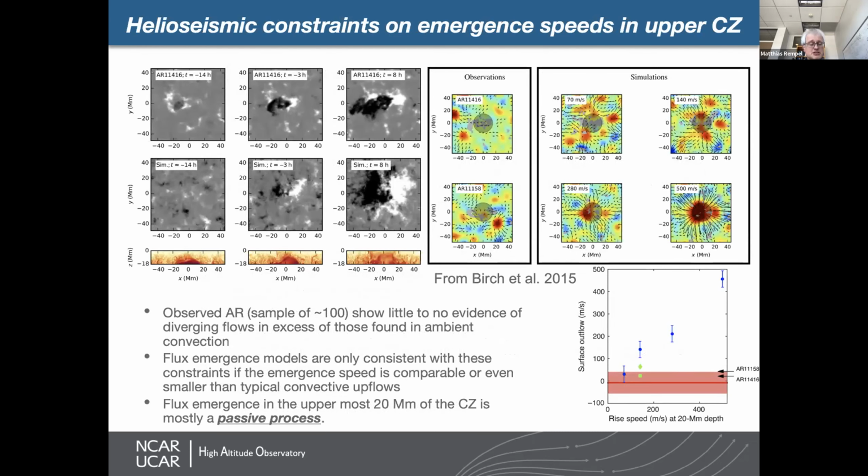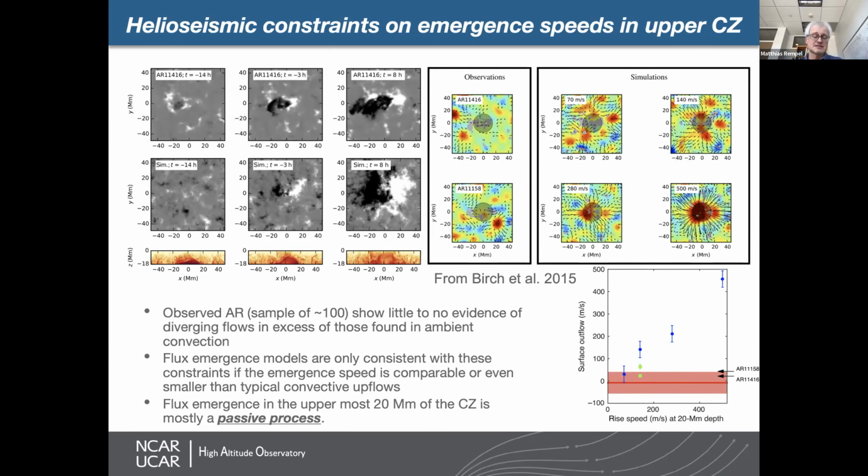Now, I mentioned that these simulations where we push in magnetic fields are kind of an example of what one would maybe consider more an active flux emergence. And there has been important work over the past decade where people actually looked for the flows you would expect from such a scenario.